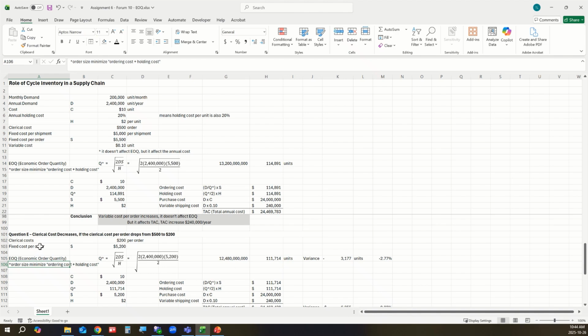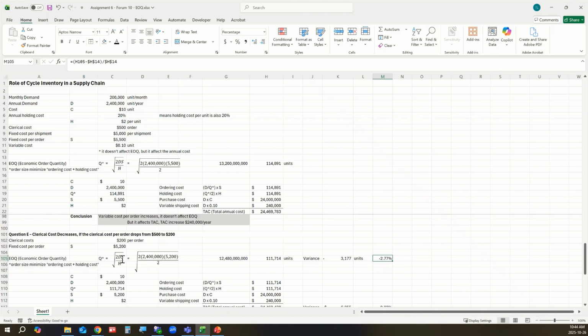So when the clerical cost changes, it affects the fixed cost, so it will affect the order quantity. Now the order quantity will decrease by 2.77%.